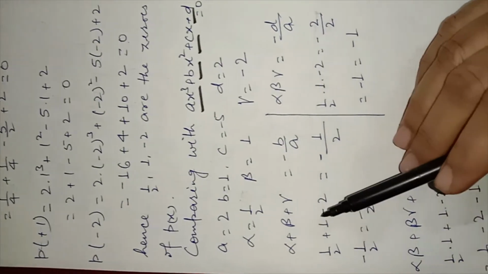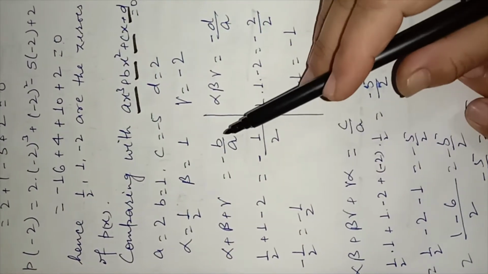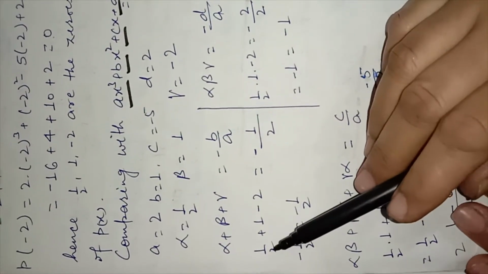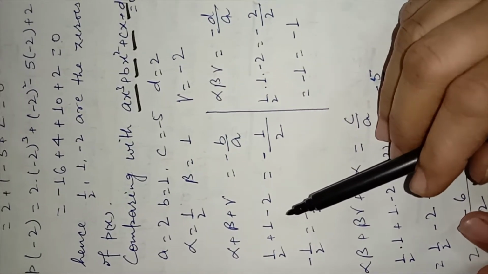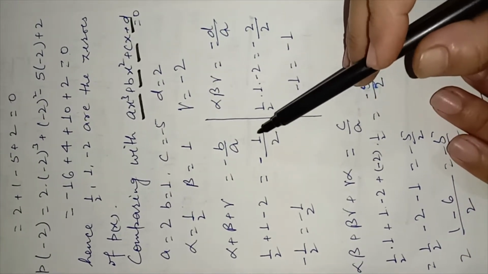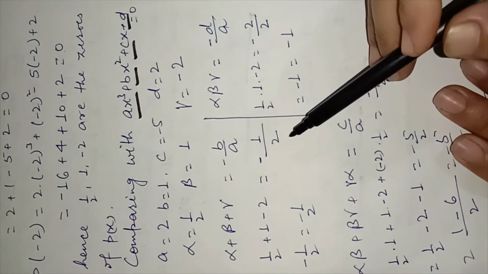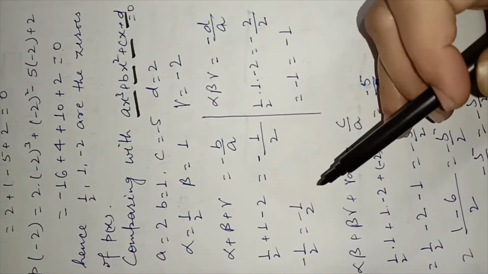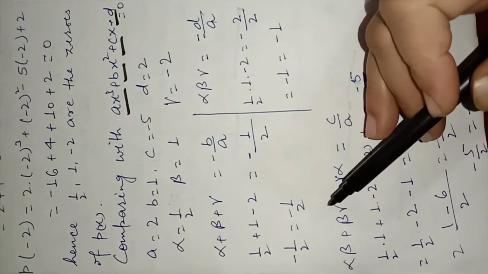So alpha plus beta plus gamma equals minus b upon a. We add 1 by 2 plus 1 minus 2, and on the right side the value of b is 1 and the value of a is 2. Solving the left side we get minus 1 by 2, and on the right side also minus 1 by 2.